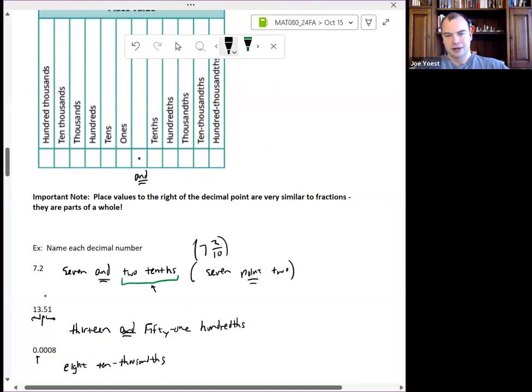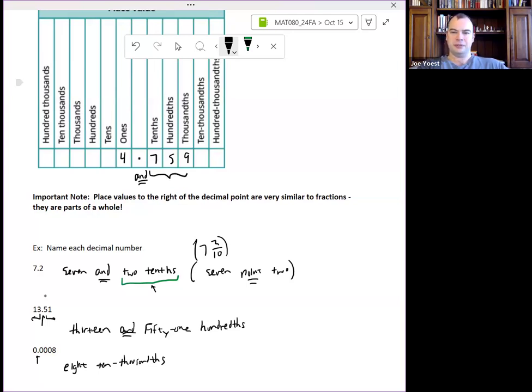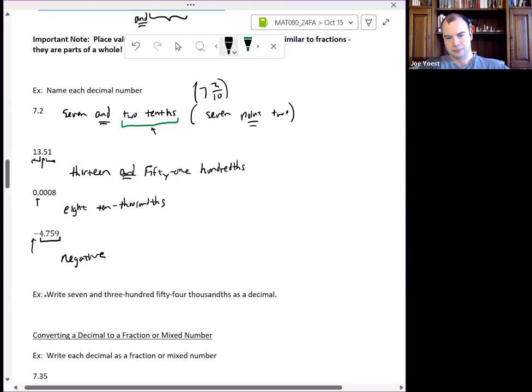And then again, if I go up here, I have 4.759. So I see that this would be 759 thousandths. I can circle it without crossing it out. There we go. So 4 and 759 thousandths. 4 spelled correctly.